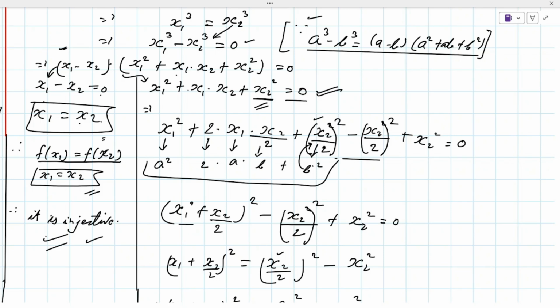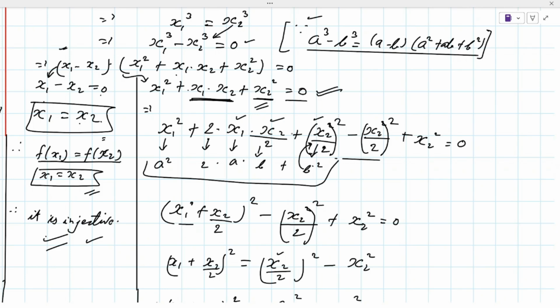So here we can do it as x square plus, in this part I have multiplied by 2 and divided by 2. So it will be 2 into x1 into x2 by 2, right? है ना? When you compare it with the formula, it will become like a square plus 2ab.